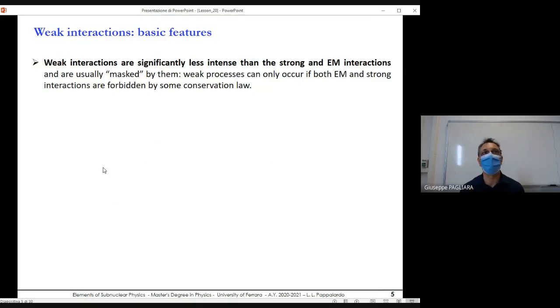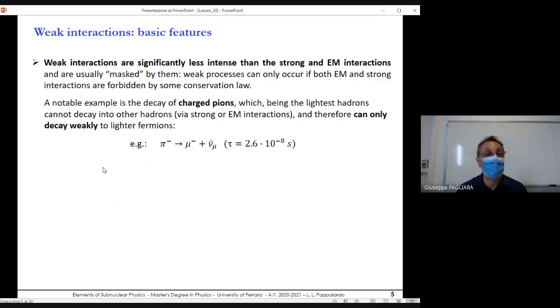If there is a conservation law that prevents any decay from being strong or electromagnetic, then the only possibility is that it goes through the weak interaction. A notable example of this is the decay of charged pions, specifically. The charged pions are the lightest hadrons. They cannot decay into other hadrons. They can only decay into lighter leptons, and this can only occur through the weak interaction. And this is why the decay time of the pion is so long, of the order of 3 microseconds.